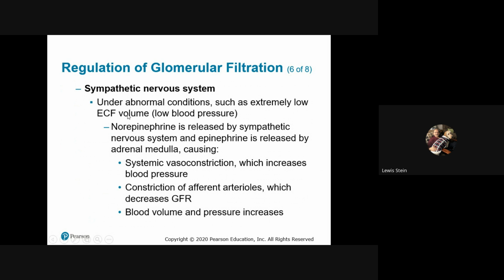Abnormally low extracellular fluid, for whatever reason, you're losing fluid or leaking fluid, and then the norepinephrine released by the sympathetics, and epinephrine through the adrenal medulla, cause vasoconstriction, constricting the afferent arterioles, and blood volume and pressure increase. You see that in fight or flight, but you also see that as a protective minimum where somebody starts to bleed if they've been in an accident. Those are inherent mechanisms to try to maintain the blood pressure until either it can repair itself or they can get assistance in the medical sense.